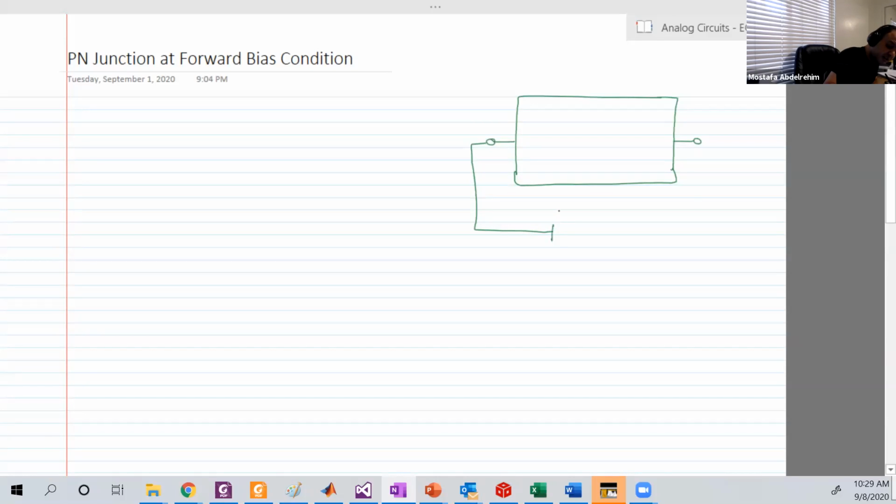So negative here and positive connected to the P side. Remember the bands, so here we have positive, here we have negative.